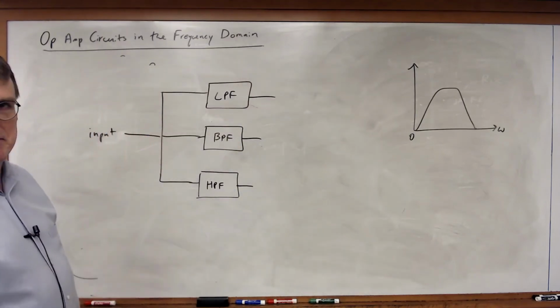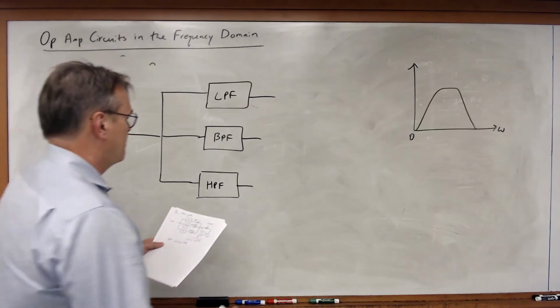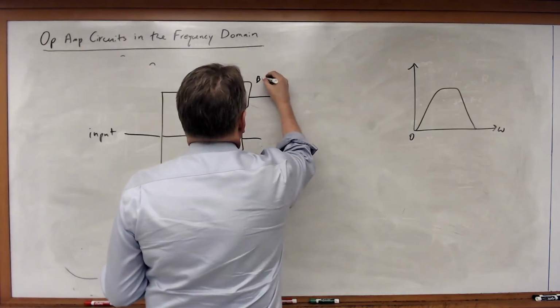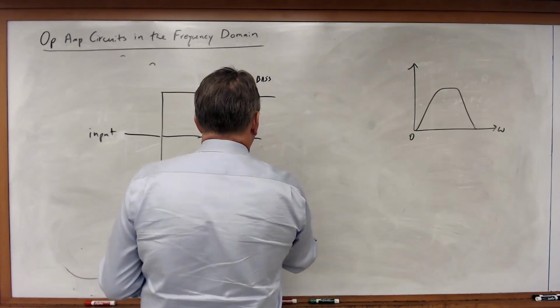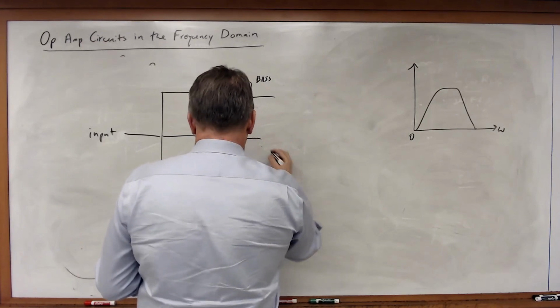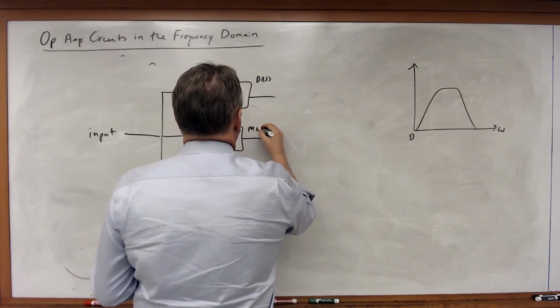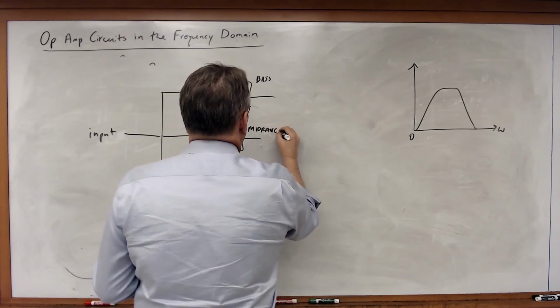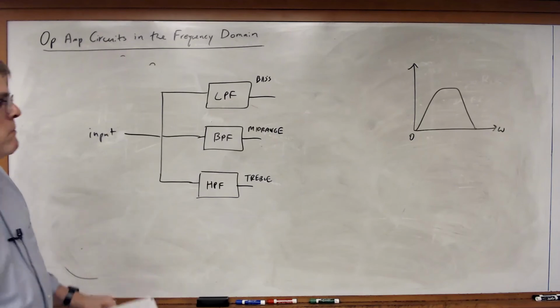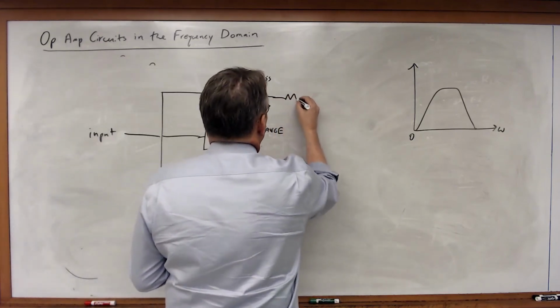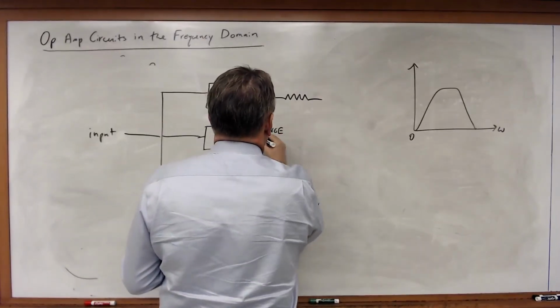I'm going to give these names, familiar names. I'm going to call this bass. I'm going to call this treble. And I'm going to call this mid-range. In other words, a stereo equalizer. Now I'm going to run these into 3 resistors.